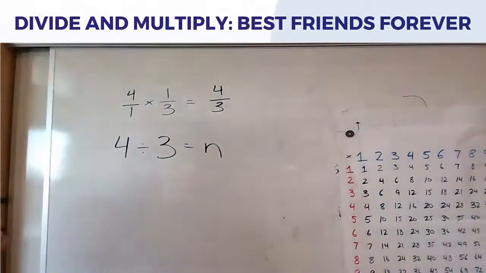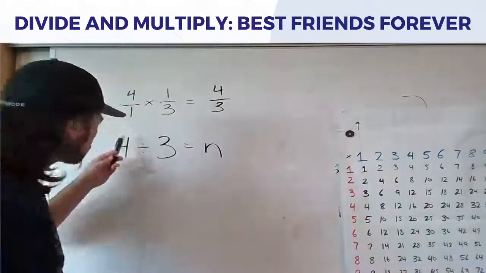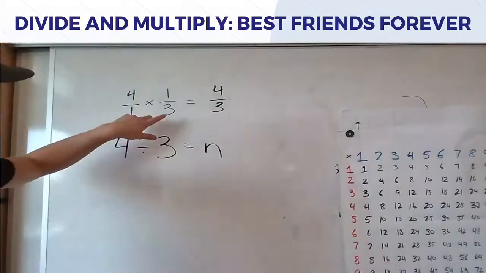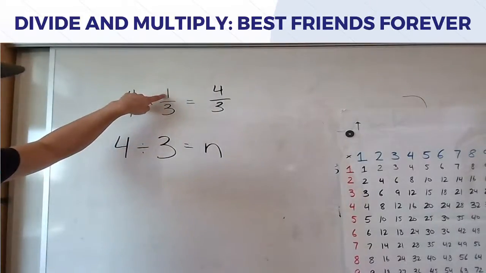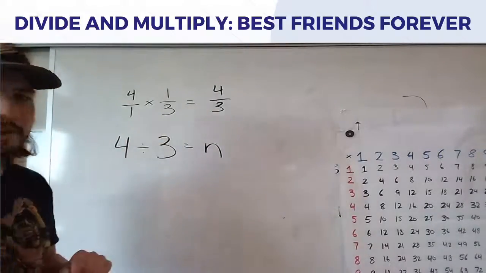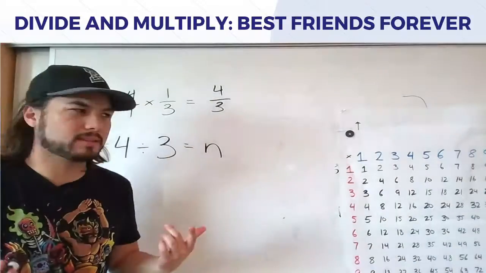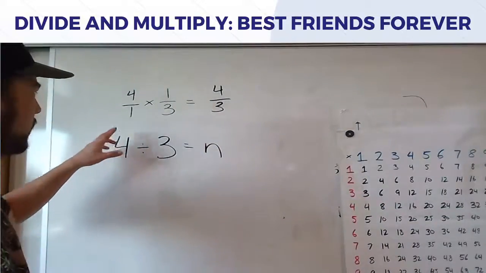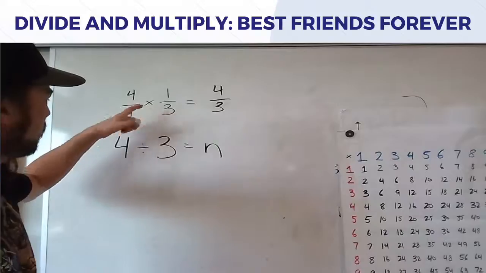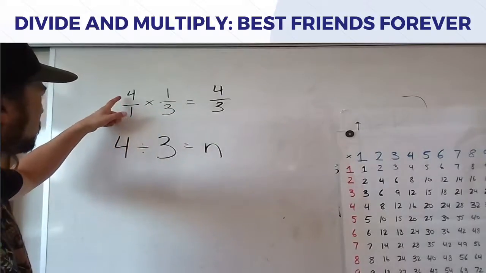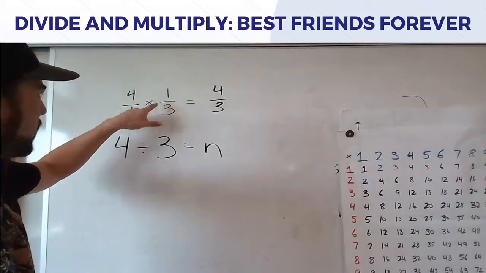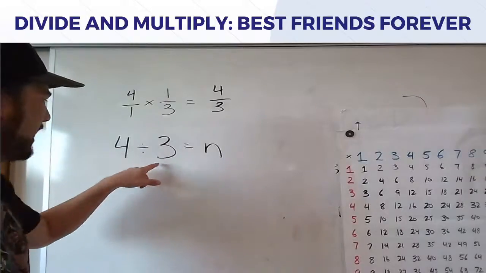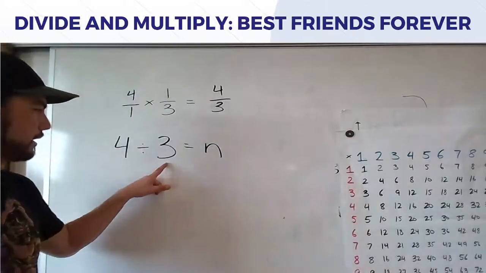Now, one thing I'm looking at with this, particularly when the numerator is a 1, is when things become clear. Rather than multiplying by 1/3, I'm almost dividing by the denominator.